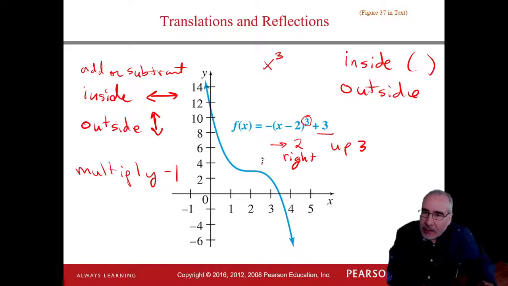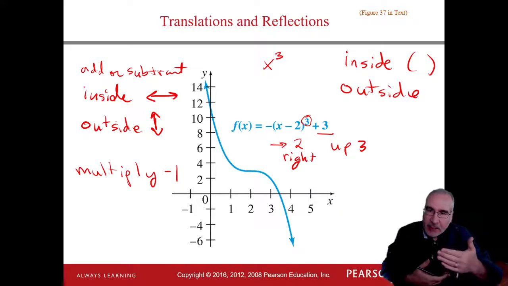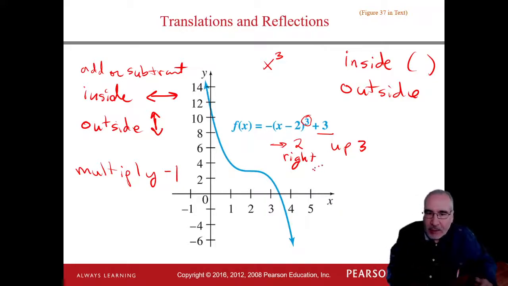When I do it on the outside, let's think what's happening. On the outside, it's affecting y, so positive y's become negative y's, and negative y's become positive y's. So inside affects the x, which means a reflection actually about the y-axis. That's not what we have here.